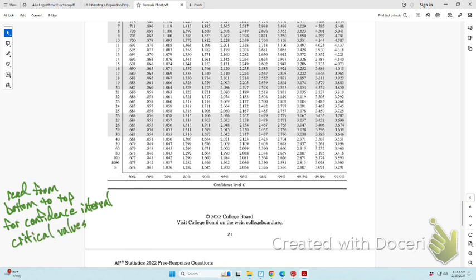And this infinity row is the z values. We're going to talk about why it is when we get to the t distribution, but for right now, just know, be confident, that's a bad joke, that those numbers I drew the arrow at are all z values.